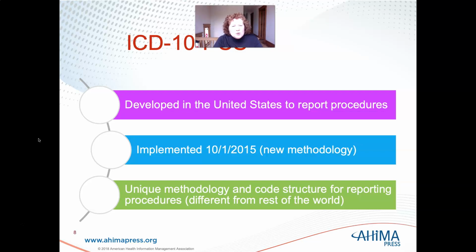PCS was first rolled out October 1st of 2015, that fourth quarter of 2015. It is a unique methodology and code structure for reporting procedures. It's different from the rest of the world. And love it or hate it, there are people on both sides of the fence. It is what it is.